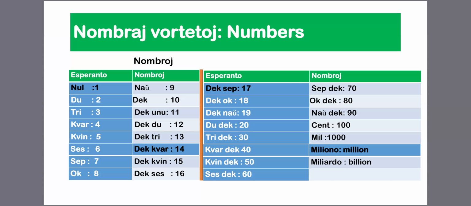So from 10 to 20. Dek is 10, but if you want to say 11, you see that there is 10, and also I add uno. I'm sorry here on my numbers. I think that I made a mistake. Null is not a 1. Null is 0.